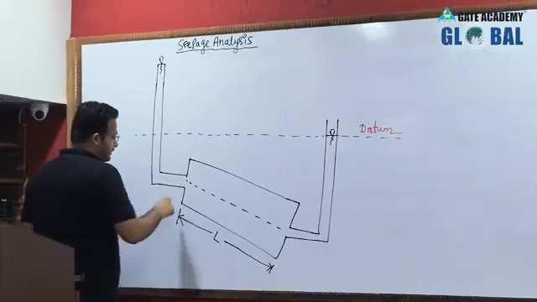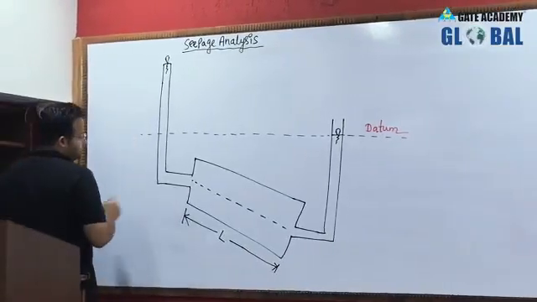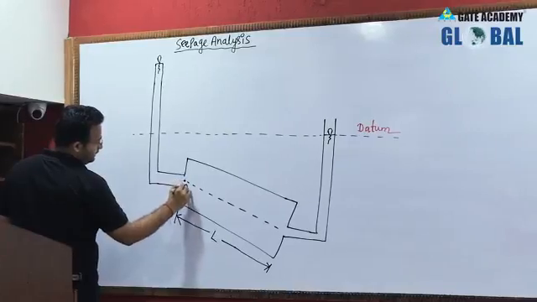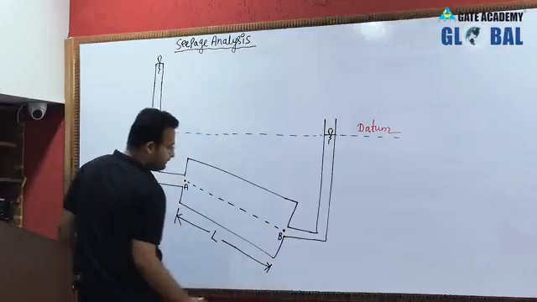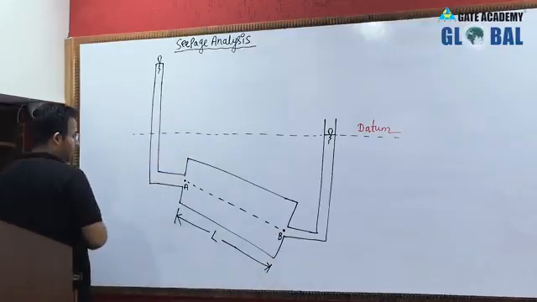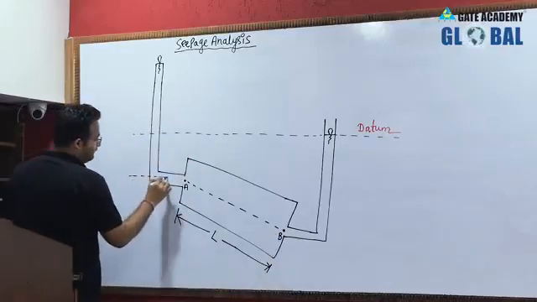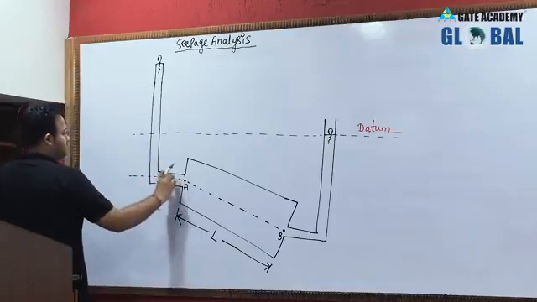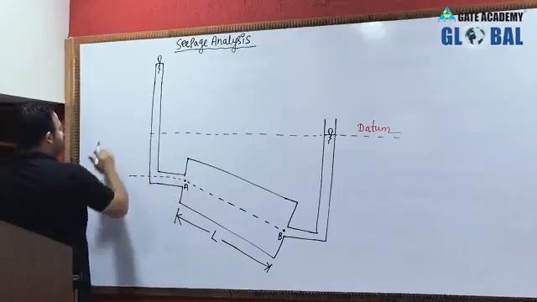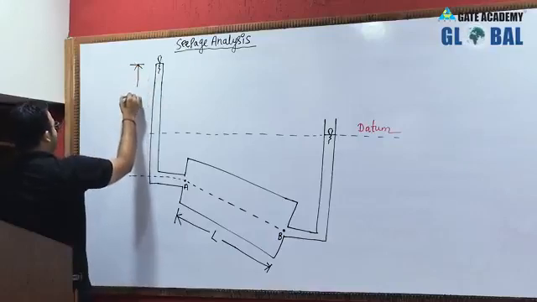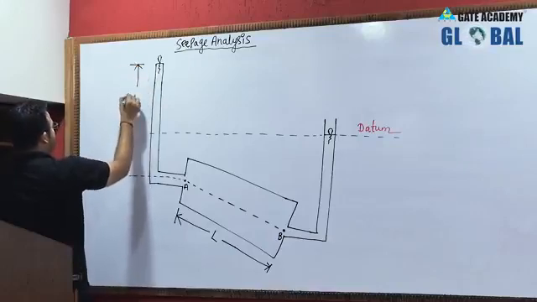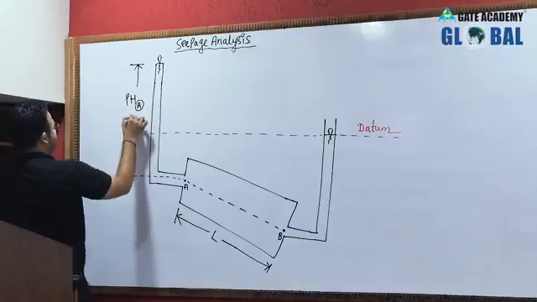Now this is suppose your point A, this is your point B. We have inserted the piezometer at point A, so we get the pressure head at A somewhere here.